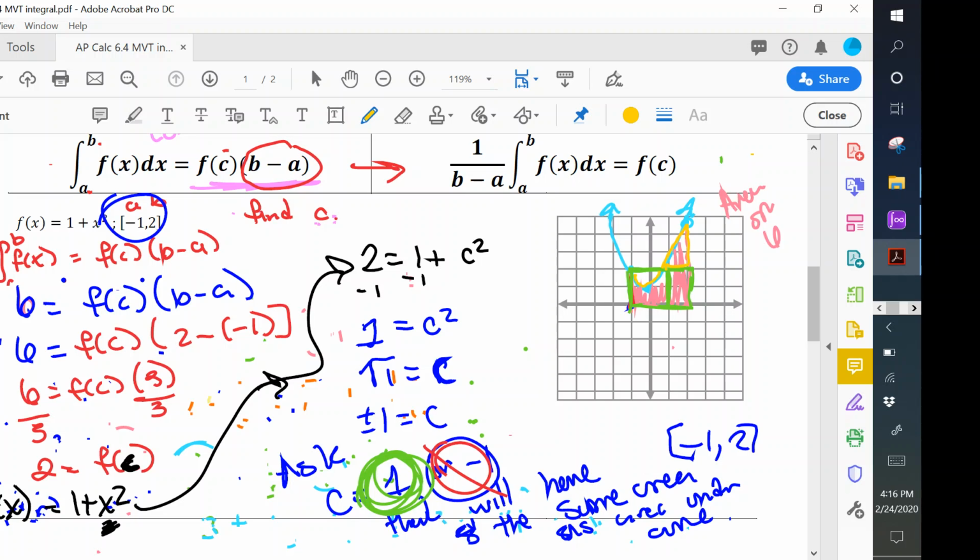So what we want to know is that this area right here is the same as that area there.